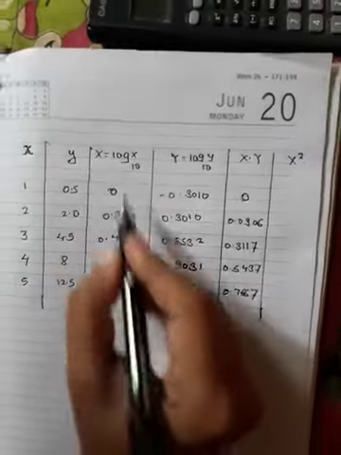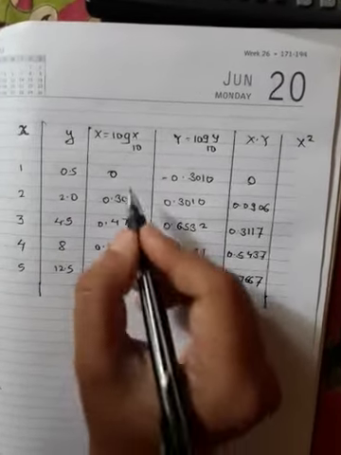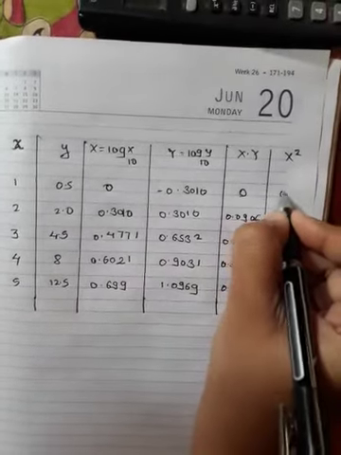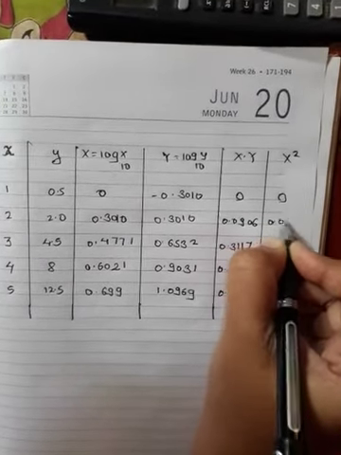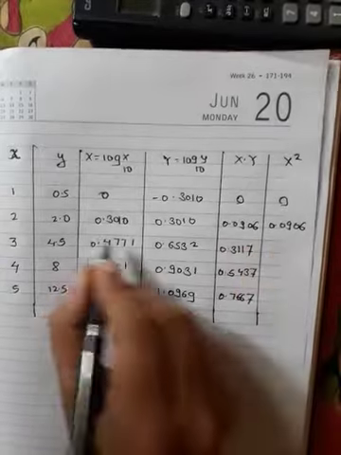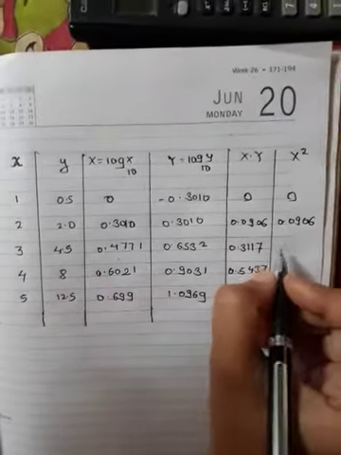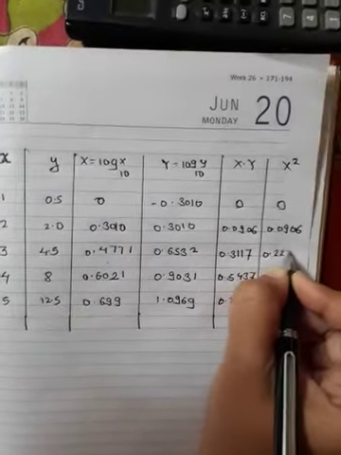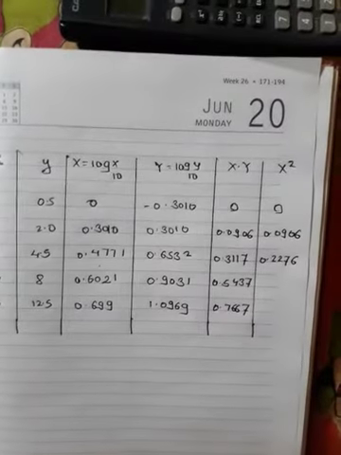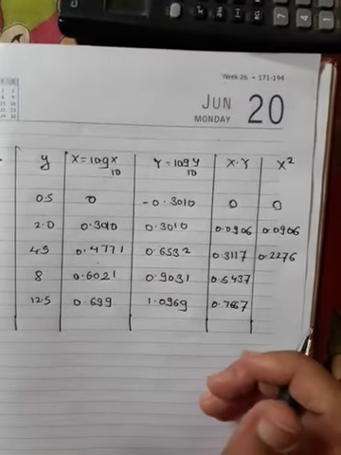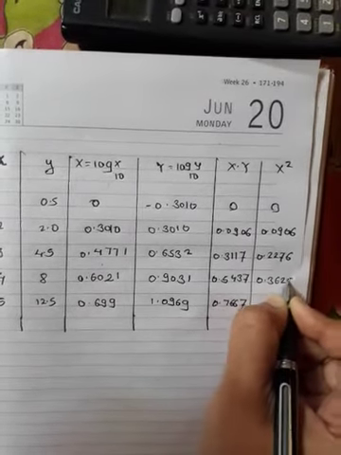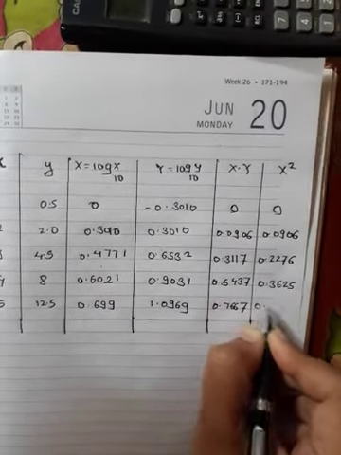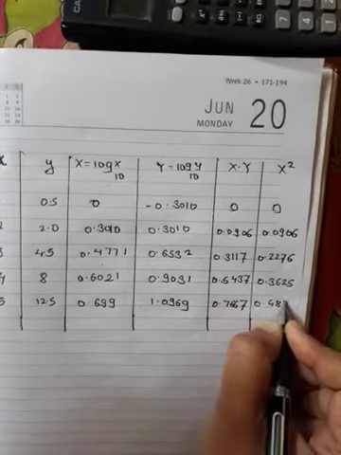The last column is X square. You have to take the square of these values. So 0 square will be 0, then 0.0906 square of this, then the square of this term will be 0.2276, then next will be 0.3625 and the last value is 0.4886.